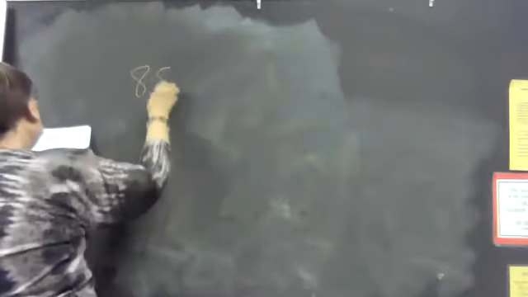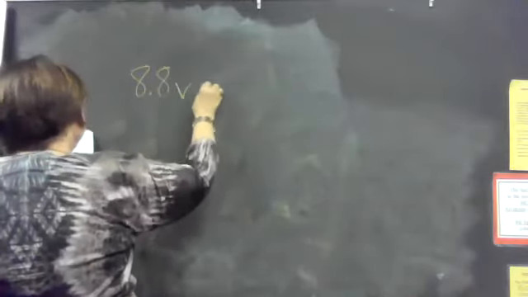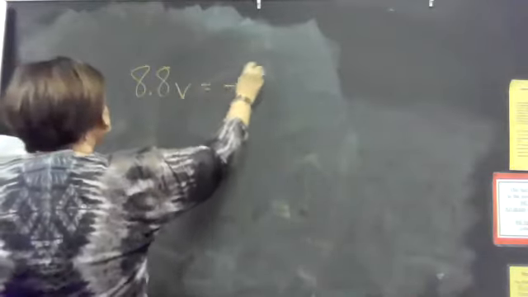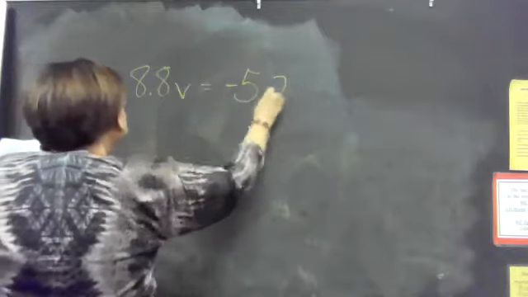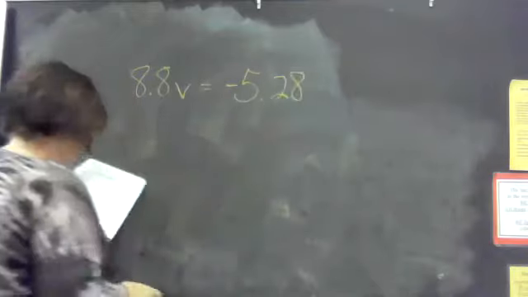Hey, Miss Deborah, before you leave that sheet you were just working on, will you do number 4? Number 4. Is that the one that's 8.8? Yes. Okay. This is number 4 on this page. 8.8 V equals -5.28.